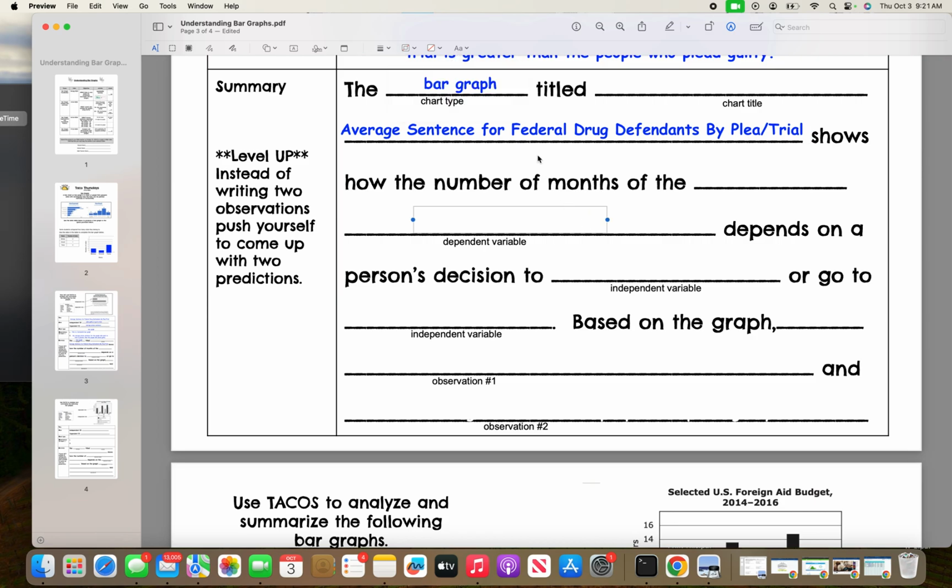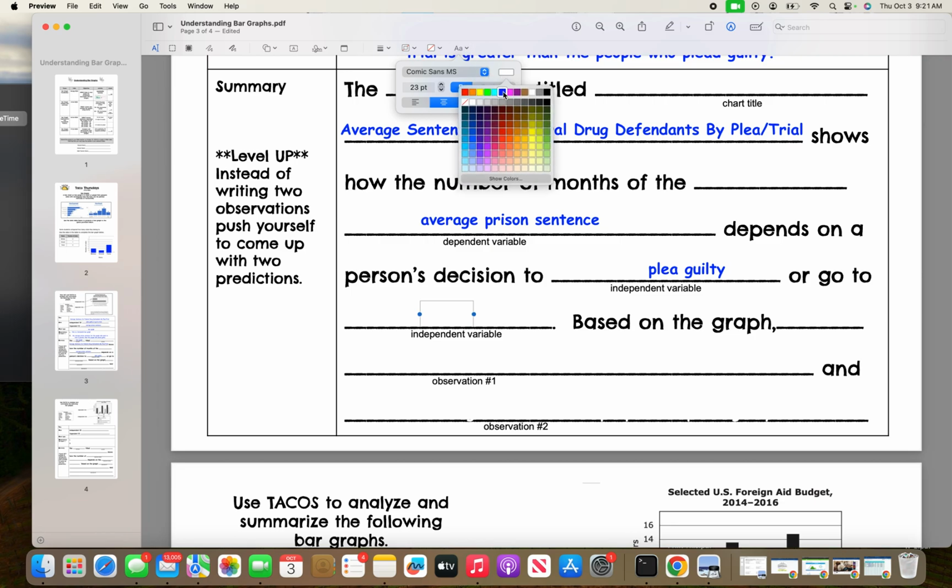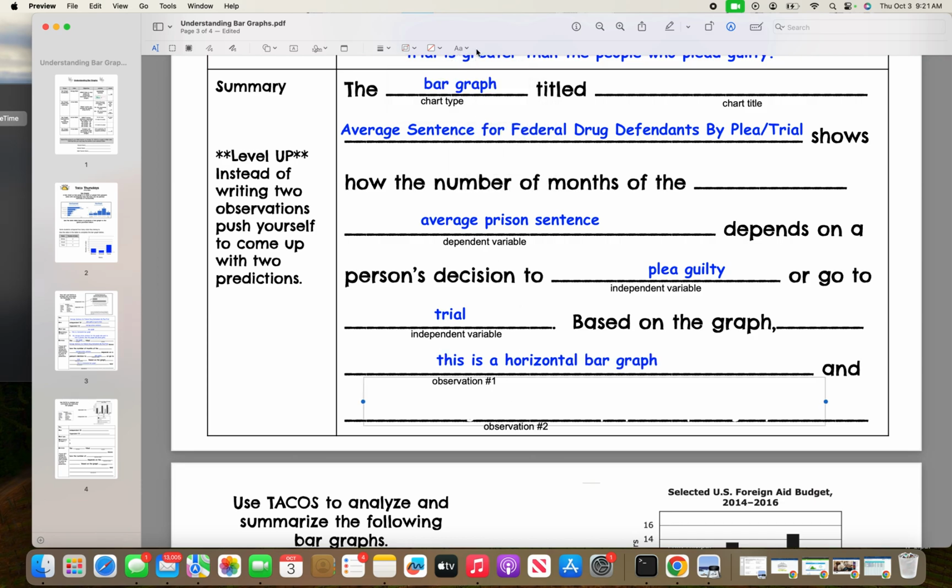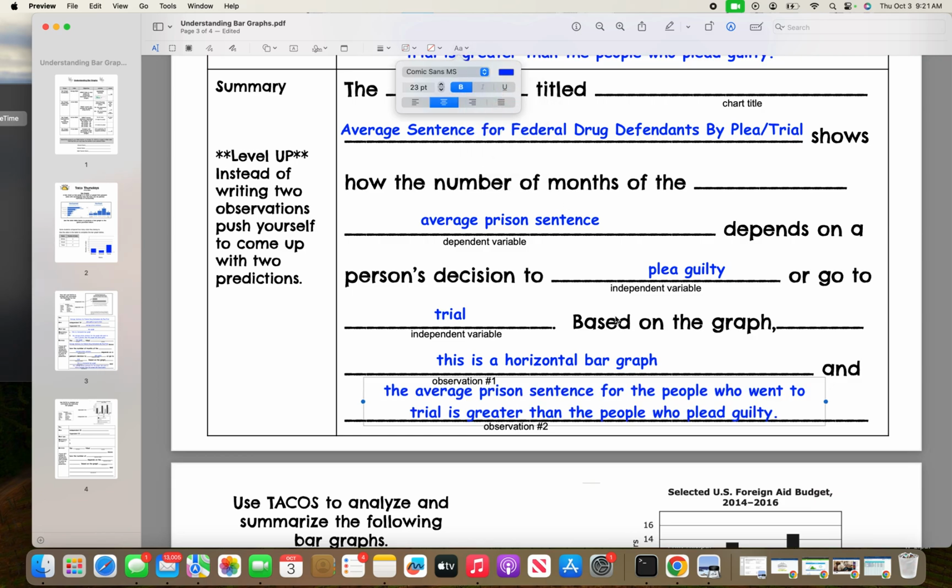The dependent variable, we had one of those, but two independent. Independent was broken down into plead guilty or go to trial, right? And then we made one observation about the chart type, and then we made another observation about something that we saw in the bar graph, okay?